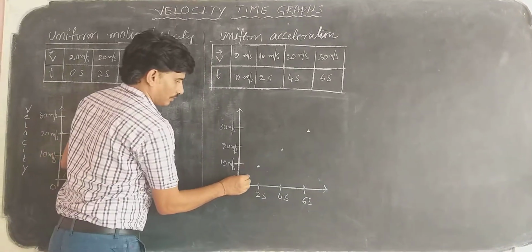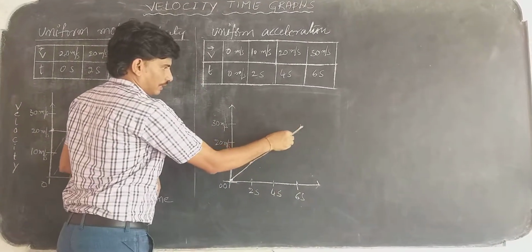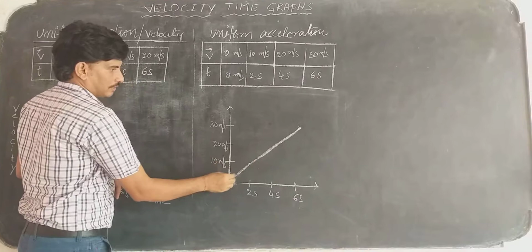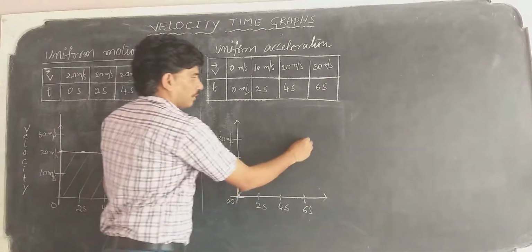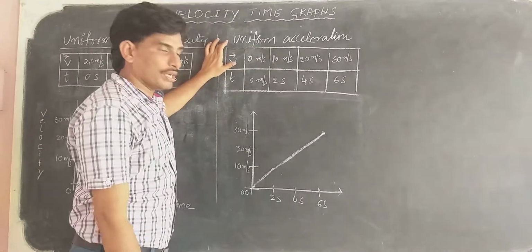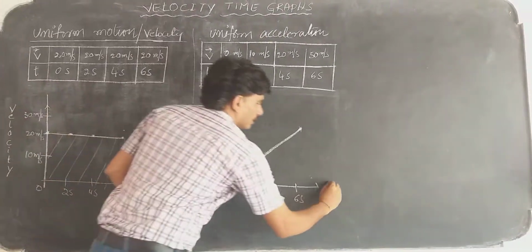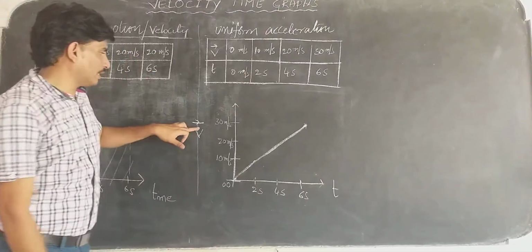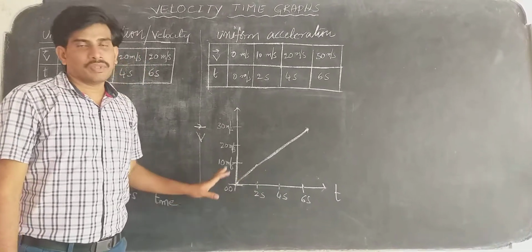If you join this, you get a straight line passing through the origin. So the uniform acceleration of your body, if you represent it on a velocity time graph, you get a straight line passing through the origin.